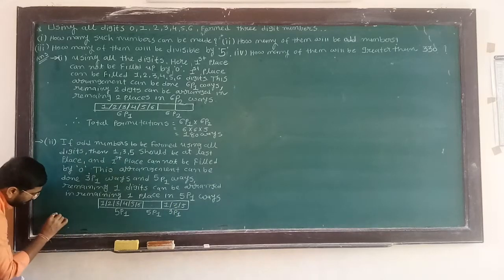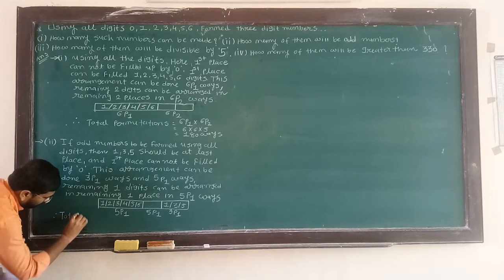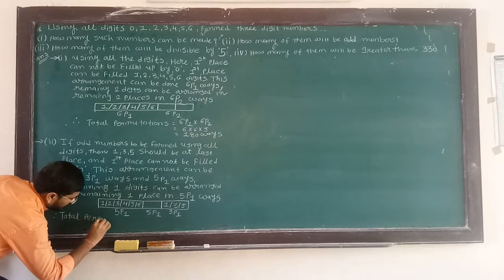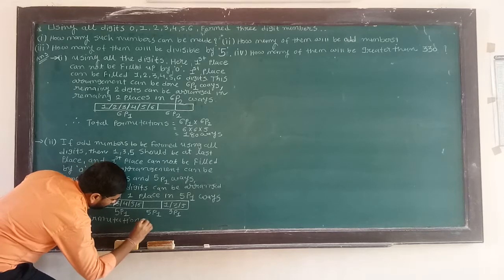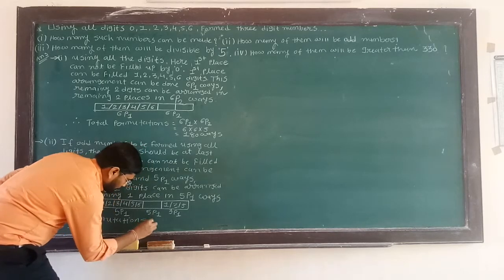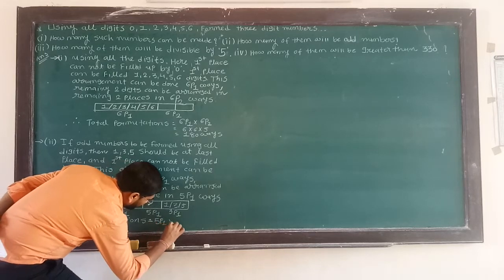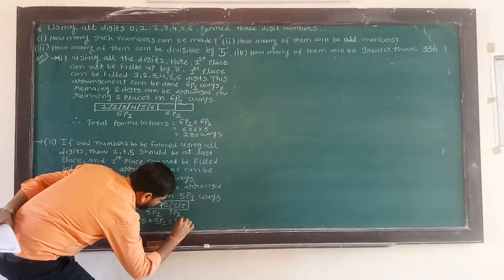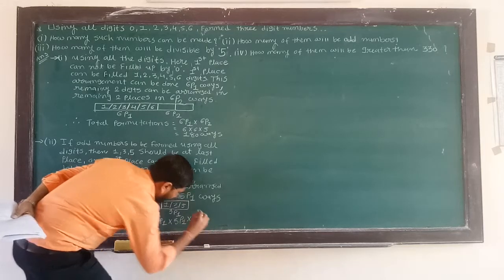So we write total permutations is equal to 5p1 into 5p1 and 3p1.